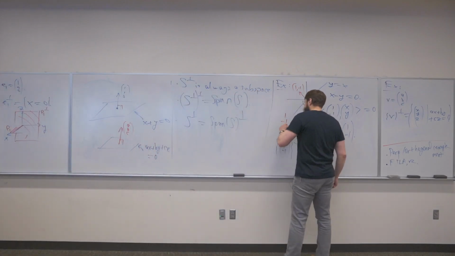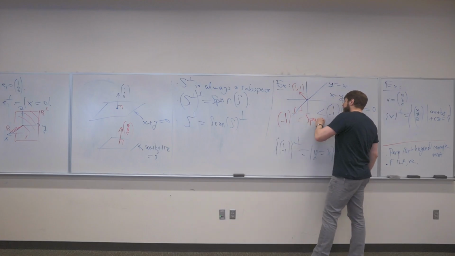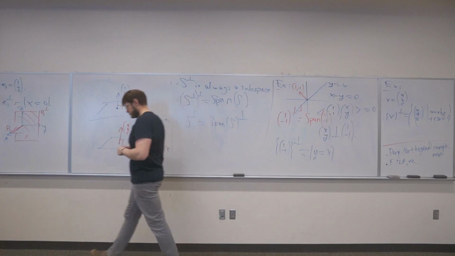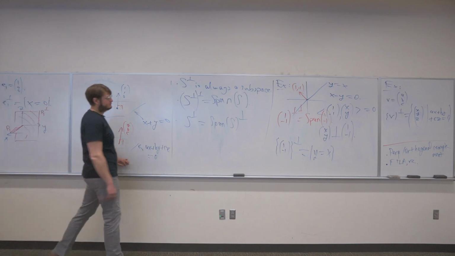So (1, 1) perp-perp is the same thing as the span of (1, 1). Pretty cool. Why does that work? Because ultimately, perpendicularity is about inner products, and inner products are linear in both of the entries. So that's ultimately the reason why these shenanigans work the way they do. So that's pretty nice.